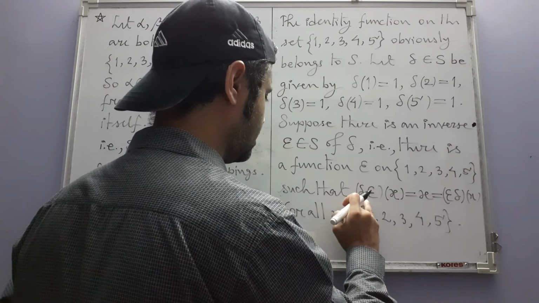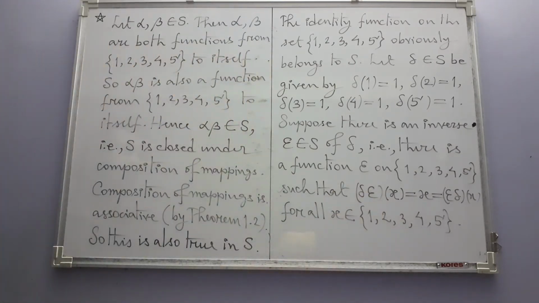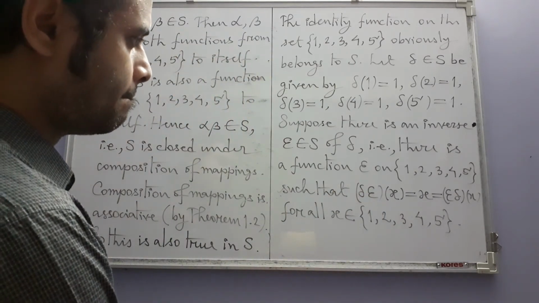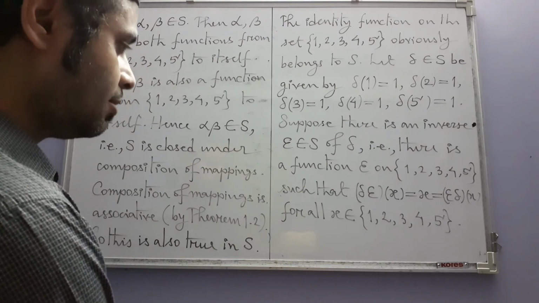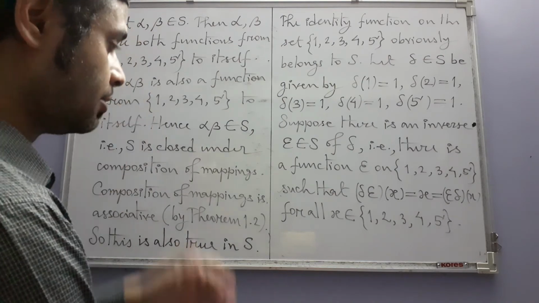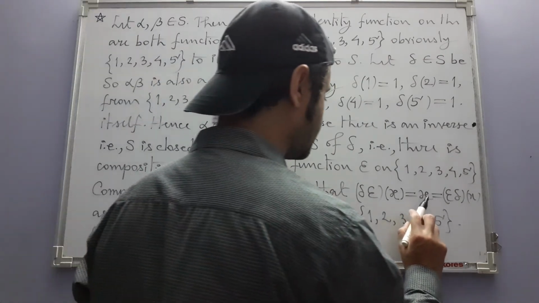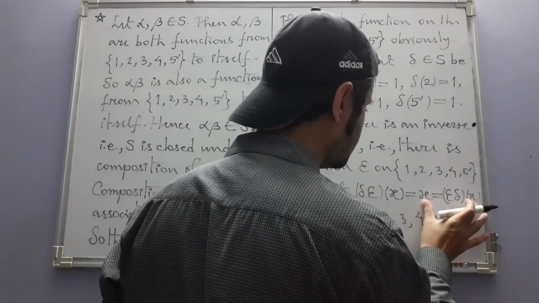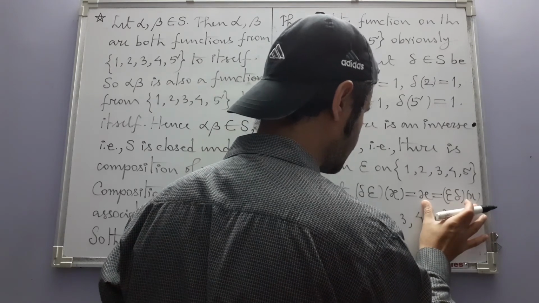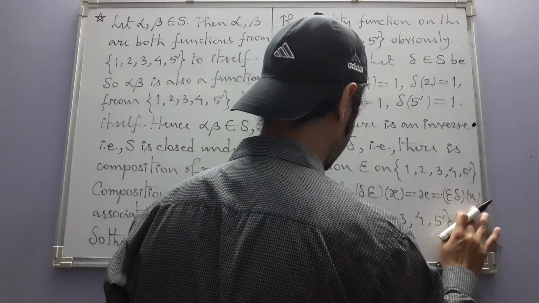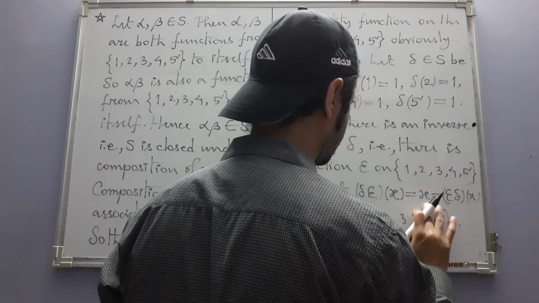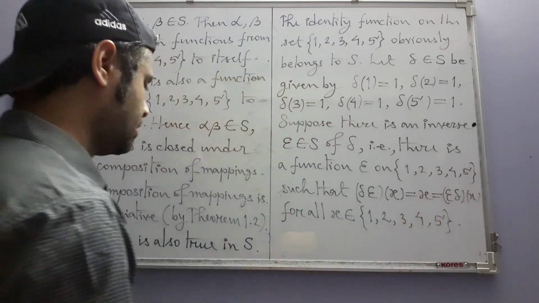But what happens if we take x equal to 2? This part of the equation tells us that delta of 2 is going to be equal to 1, so epsilon of 1 is going to be equal to 2. Okay, yes.